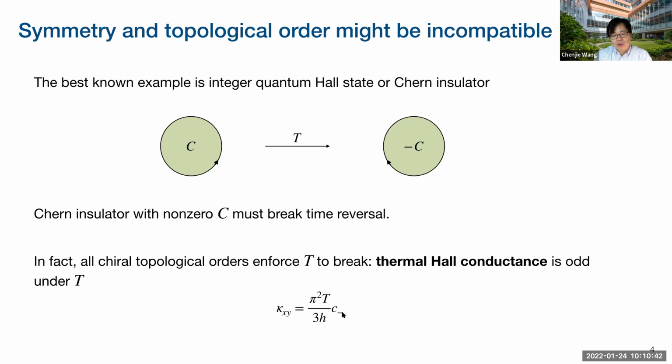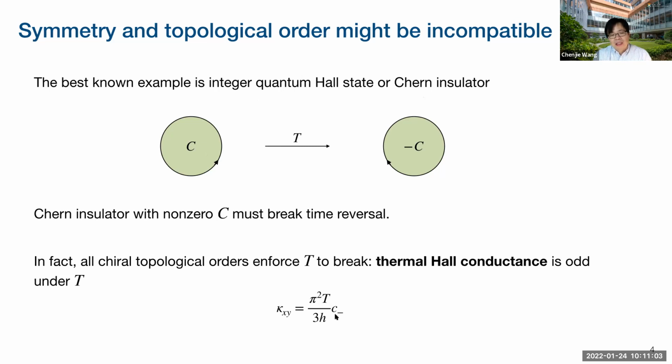It is proportional, up to some constant, multiplied by a number c minus. In the case of integer quantum Hall or Chern insulator, this c minus is the Chern number. But more generally, for so-called abelian topological orders, where these anyons have abelian statistics, this is always an integer.